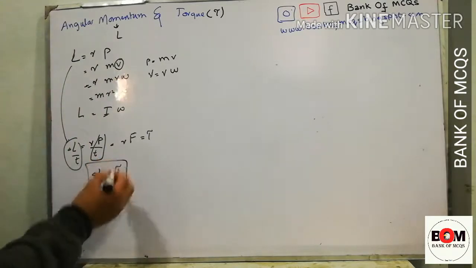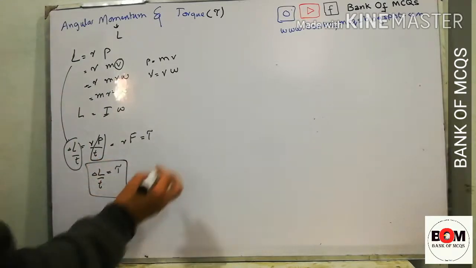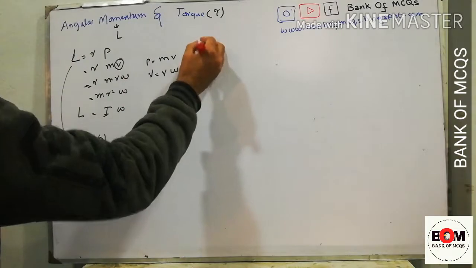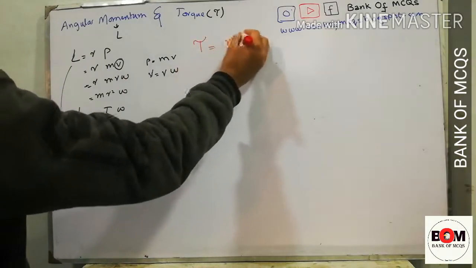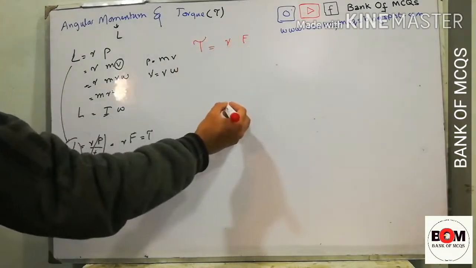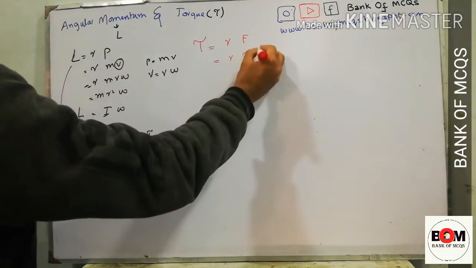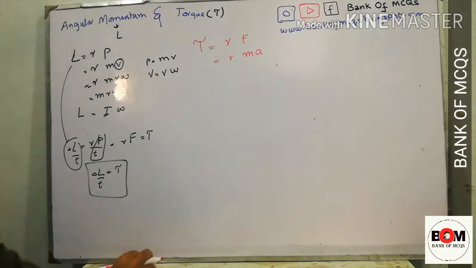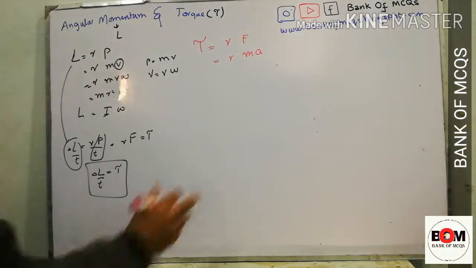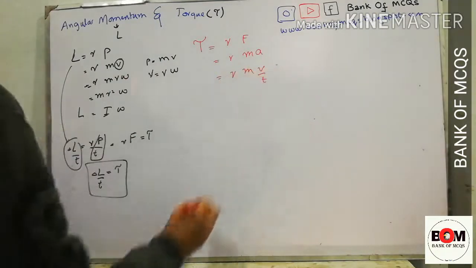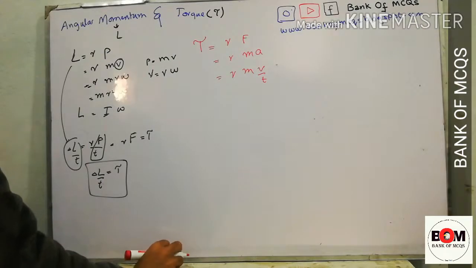The next way we can derive this equation is like this. We already know that torque is equal to r × F. Now we know that F is equal to m a, and we also know that a is equal to v divided by t.